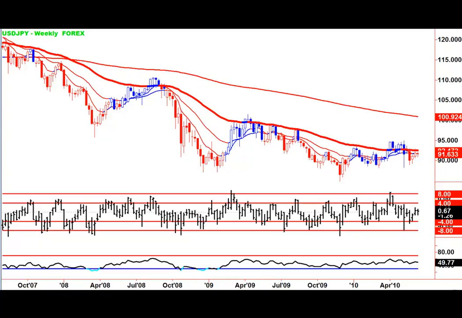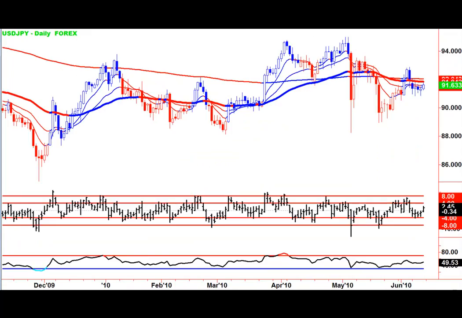So this is probably the best setup of them all. Again, look at the daily. So you've got a lot of resistance up here, which we were at on Friday, 91.6. I think value chart reading is just above the midline, so there are no really clear signals there.